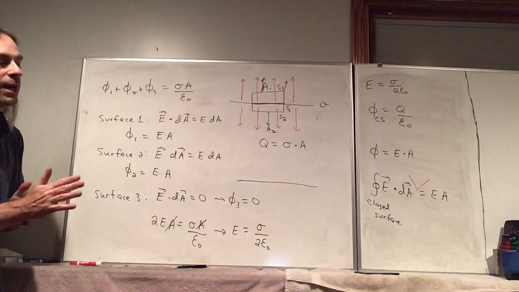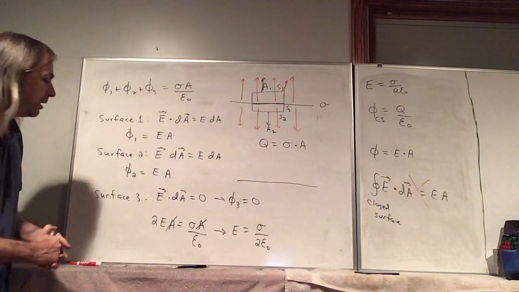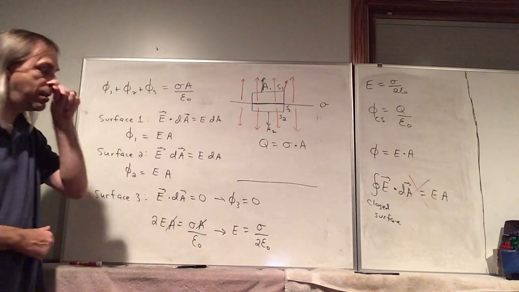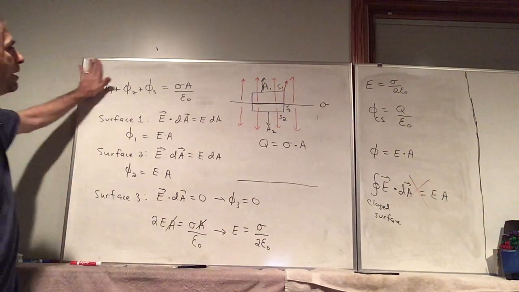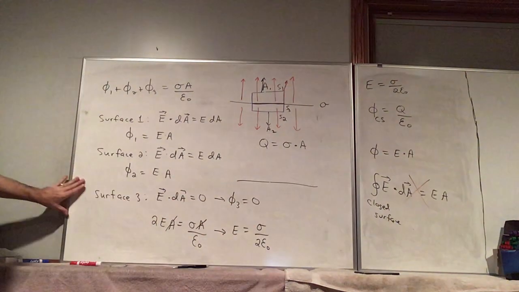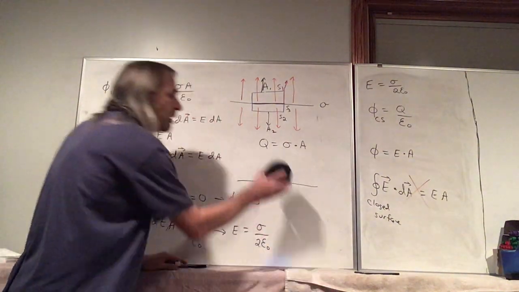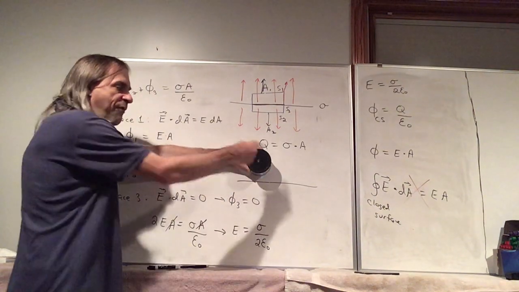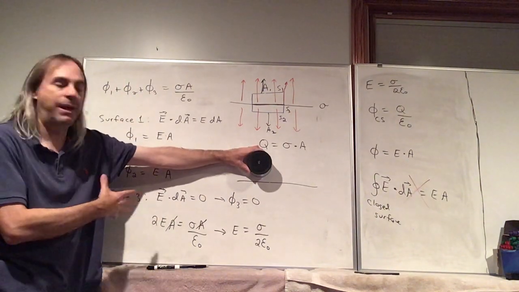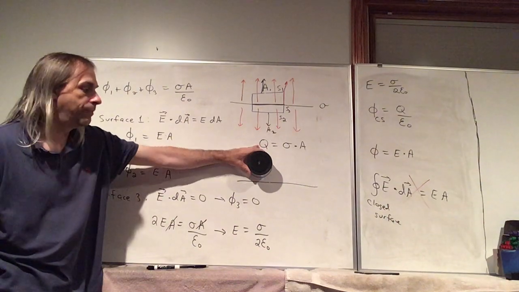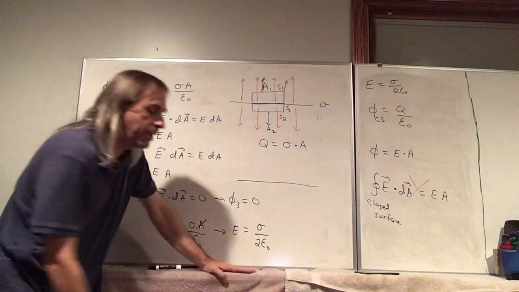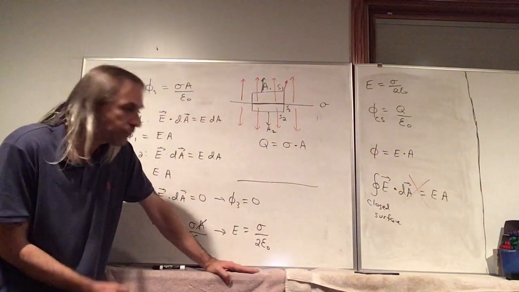Like if we have a different type of geometry, like say we have a finite plane. Say we want to calculate the flux, like say that this board here is charged, and we pick this as our Gaussian surface. The flux through this surface is not going to be the electric field times the area. It's not going to be something we could easily calculate at all.